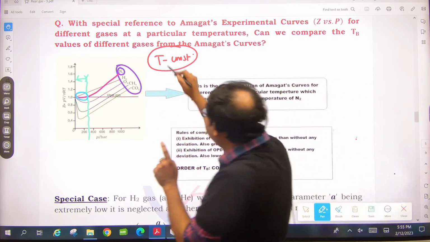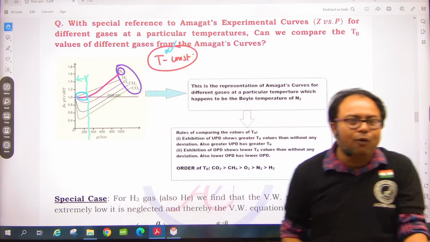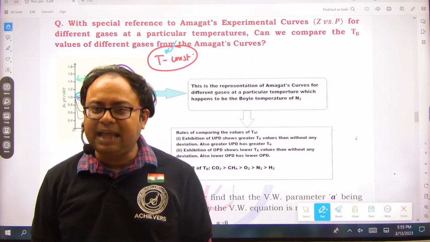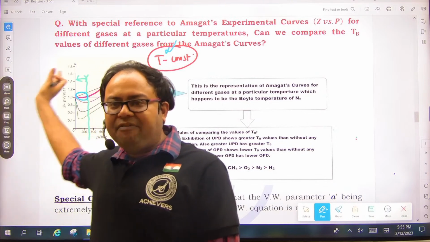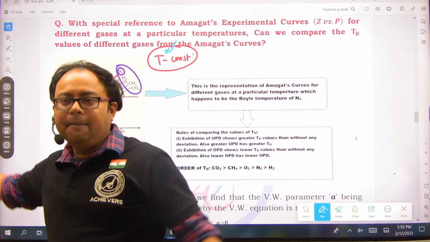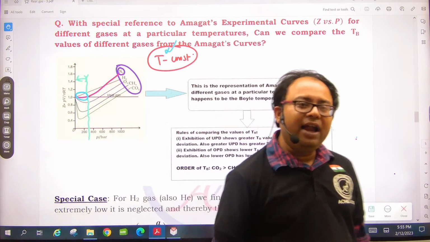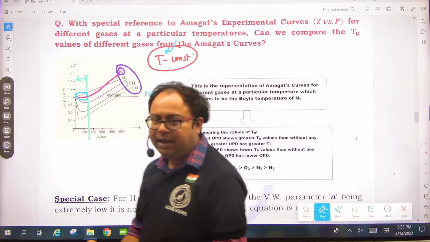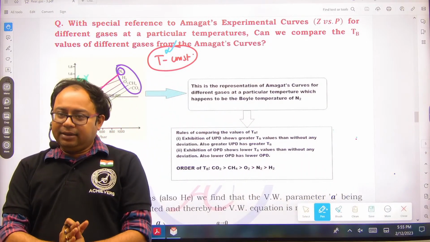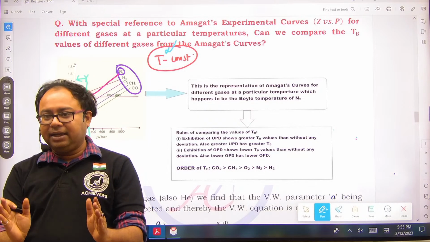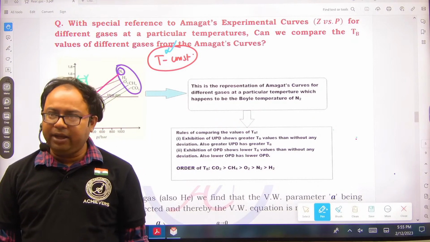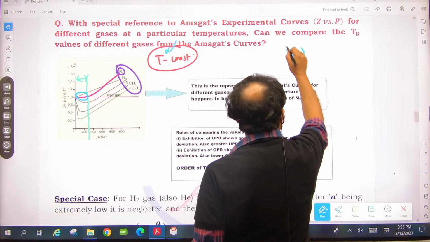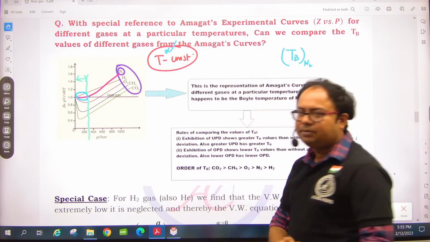So this temperature must be equal to the Boyle temperature of nitrogen. This temperature which we have fixed here must be the Boyle temperature of nitrogen, because at this temperature the nitrogen gas shows no deviation in the low pressure region, but in the higher pressure region it is showing OPD. So this is our reference.